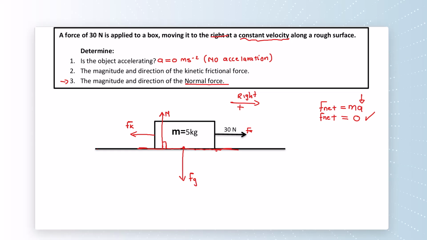So when a gravitational acceleration acts on that mass of 5 kg, we're going to have weight, or the gravitational force, always acting downwards. This one is not dependent on the surface. It has no regard to the surface.